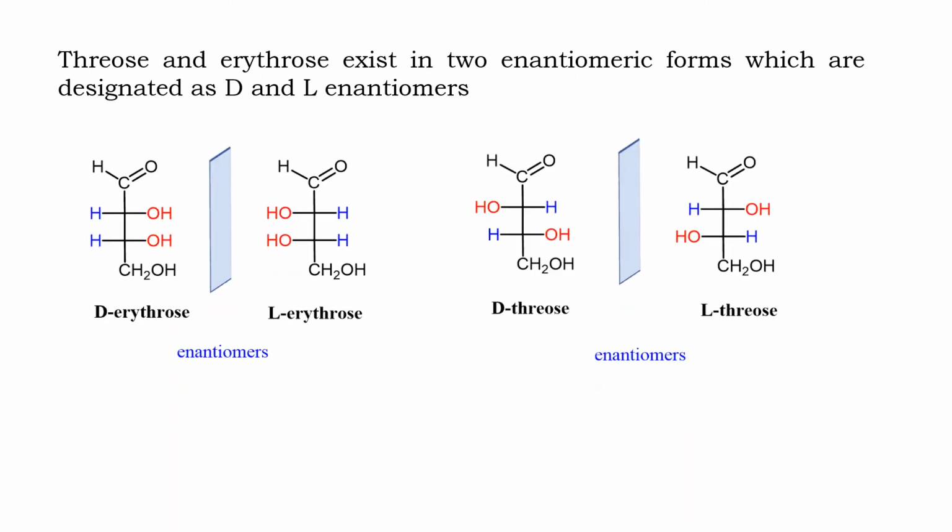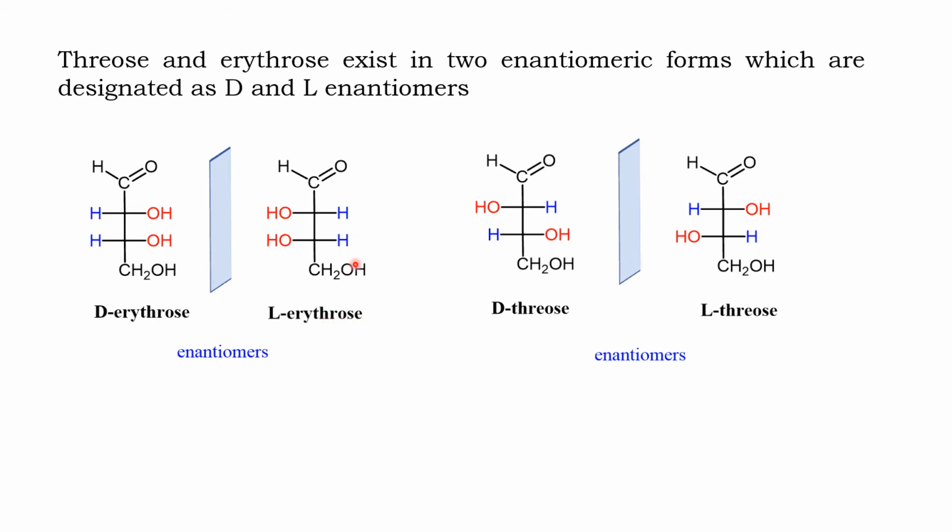We can use the configuration D and L for erythro and threo molecules. Just see this example. This is an erythro and threo molecule. In the first molecule, see the OH groups are on the right hand side. Hence it is an erythro molecule.